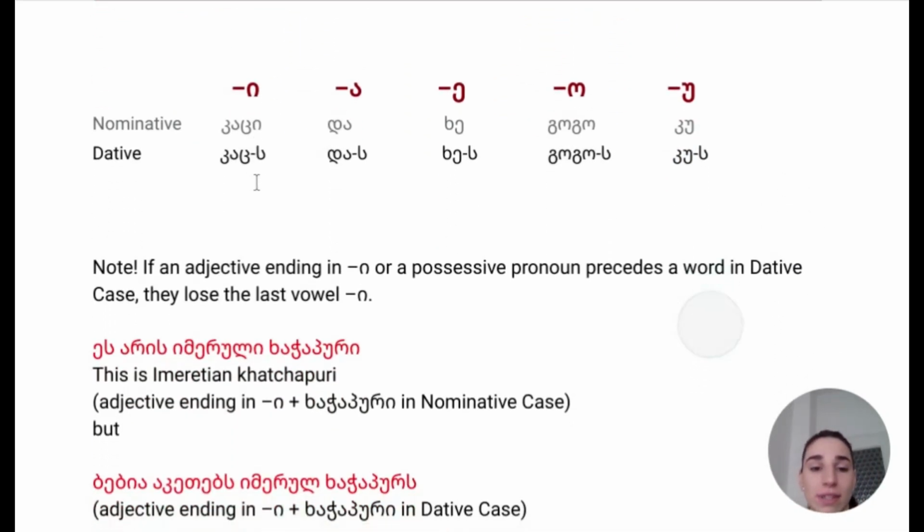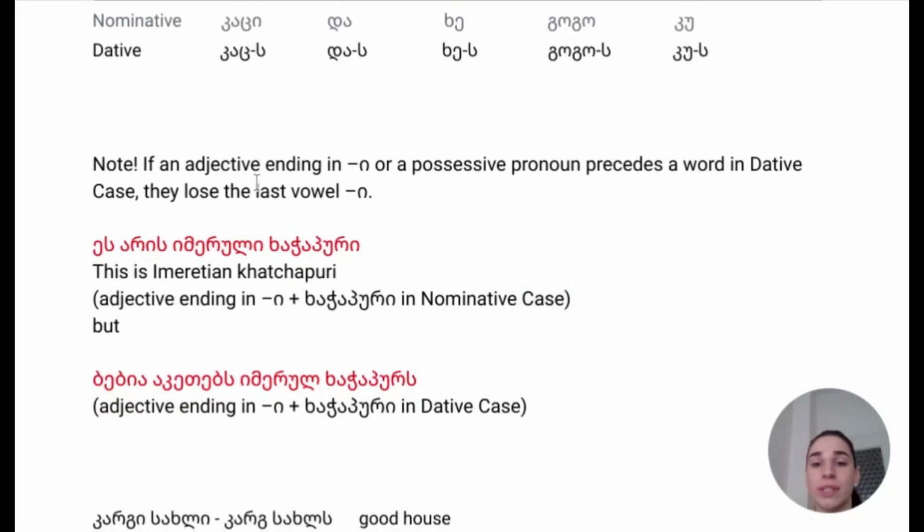Okay, the next thing is very important if you want to speak nicely, like a Georgian, and if you don't want to sound like you have never learned the rules. Now you have to listen to me. First thing, if an adjective ending with I, like imeruli, didi, kargi, comes before a word, and this word is in the dative case, then the adjective has to lose its last vowel.